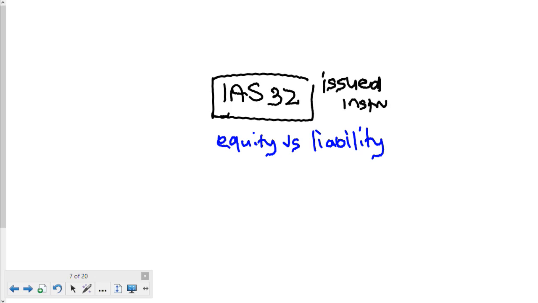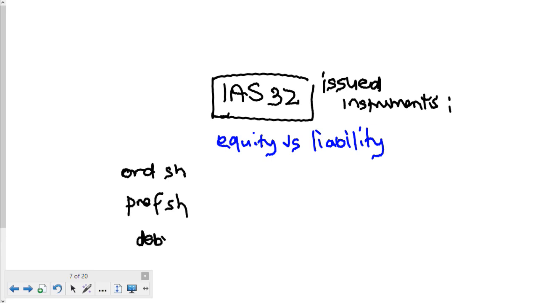And it asks the question, these issued instruments, are they capital or liability? The two main ones that we're going to look at that could be one or the other. Do you agree, share capital, these are the different types of issued instruments: ordinary shares, preference shares, and debentures.